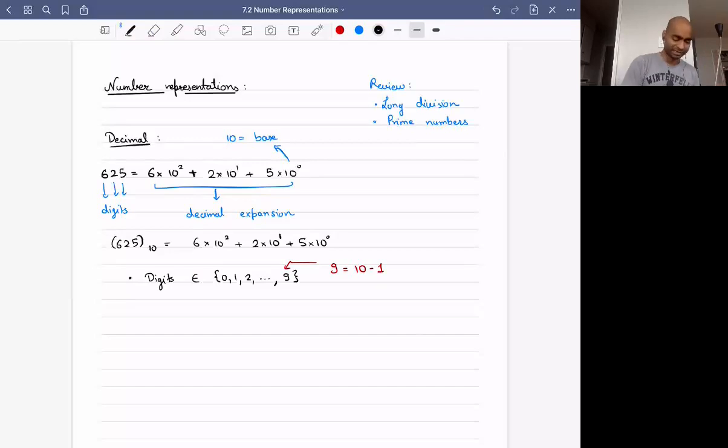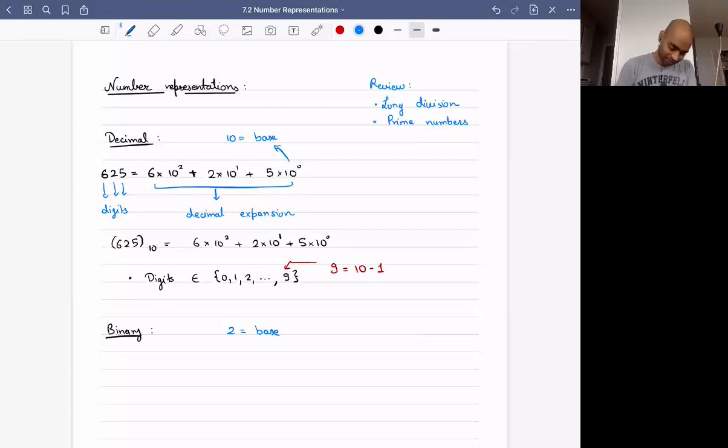So now we want to change from decimal to binary. The first change we'll make is we'll make the base 2. It's the same concept, but we are changing 10 to 2.